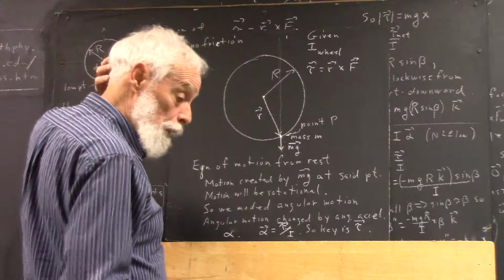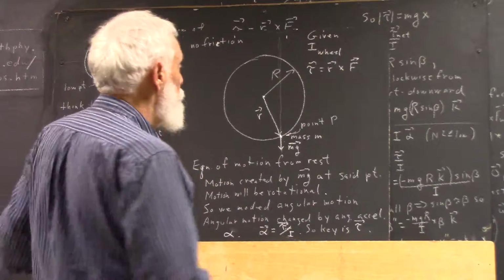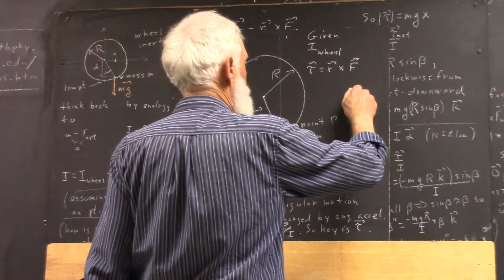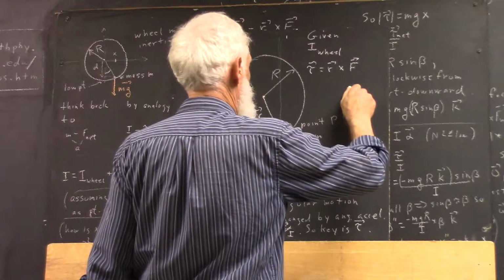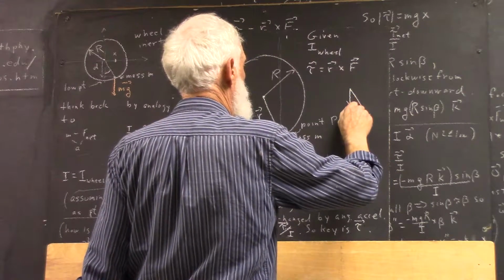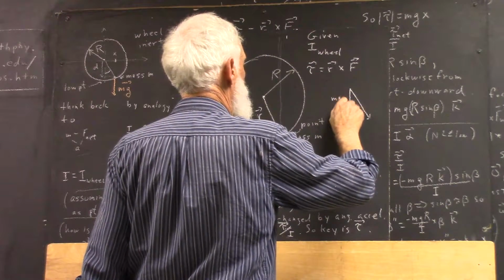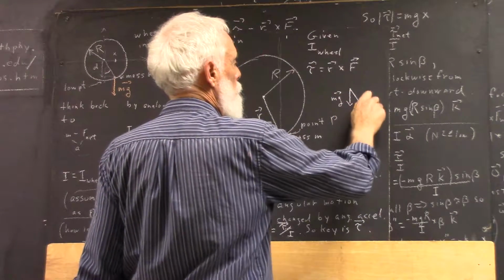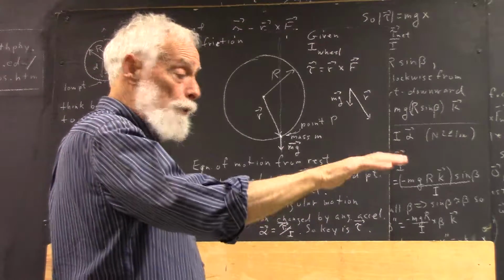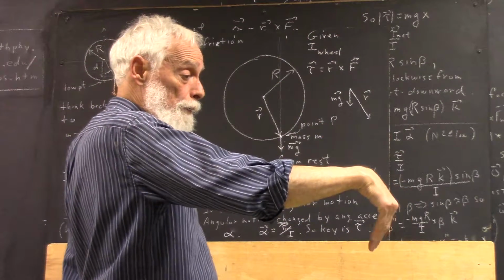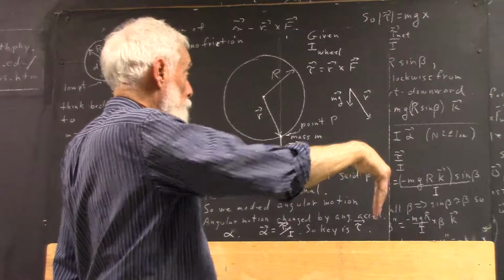Okay, so R cross mg, and we could depict those two vectors. Well, R cross mg, fingers in the direction of R, turn toward mg, our thumb is pointing into the board.